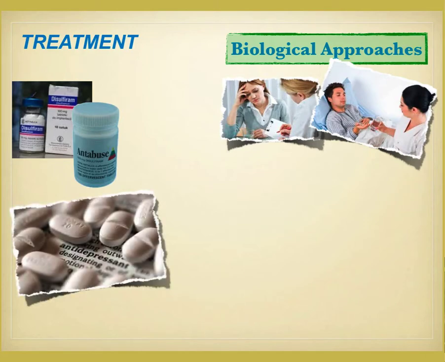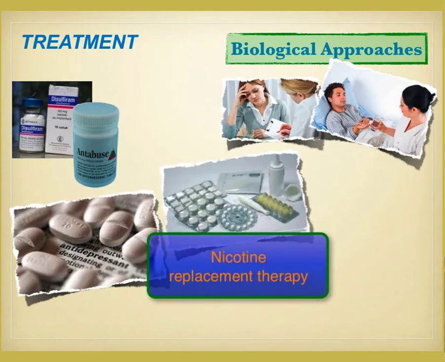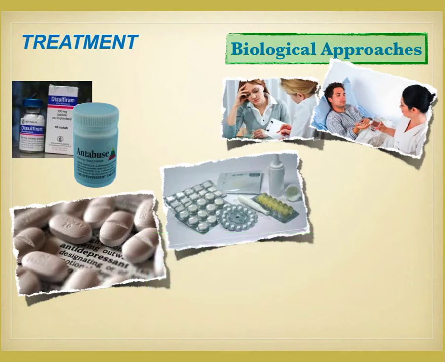Antidepressants. These are used with cocaine treatment. It's a regulator of feelings of pleasure. It helps stabilize the emotional experience. Nicotine replacement therapy will help reduce the withdrawal symptoms for smokers, as does Antabuse or disulfiram.